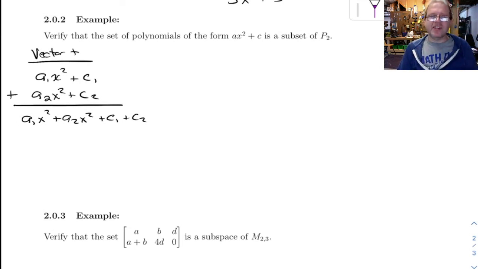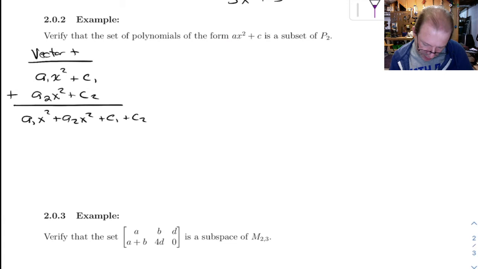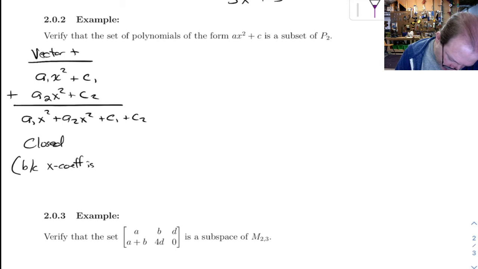Maybe it's kind of tricky to see. What is it asking for? A and C can be anything, but the important thing is the x coefficient is 0. And is the x coefficient in here 0? Yes. So this is closed, because the x coefficient is 0.